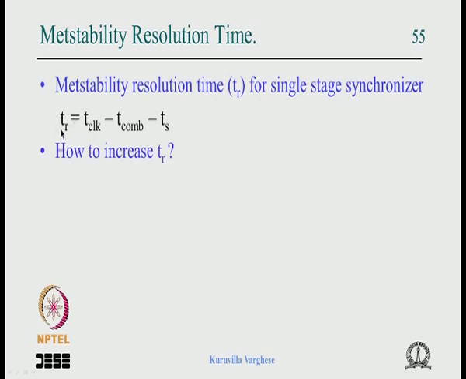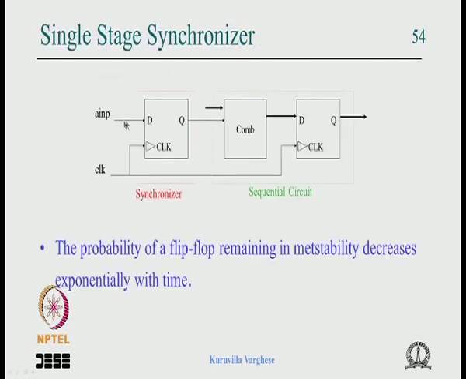So suppose the situation is like this: we found that there is an asynchronous input, we try to synchronize it, we put a flip flop and we do some analysis, we find the TR and find the probability. There is an analytical expression for doing it, we can model that and get an expression.